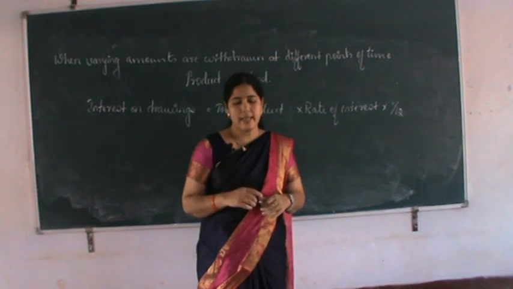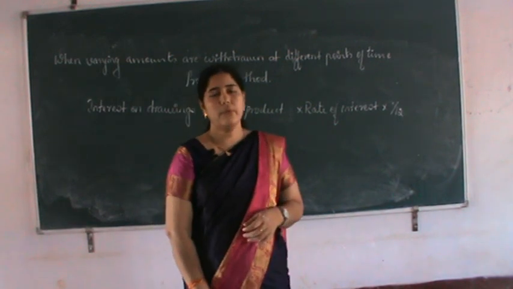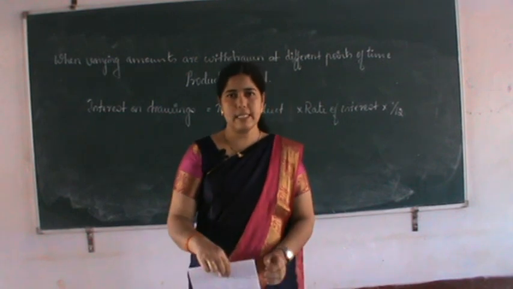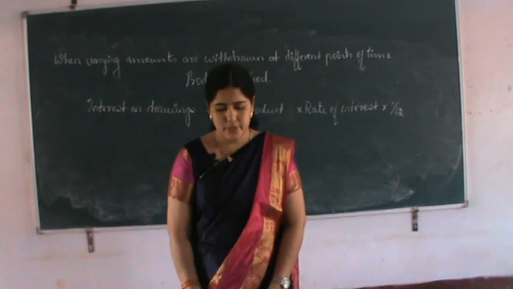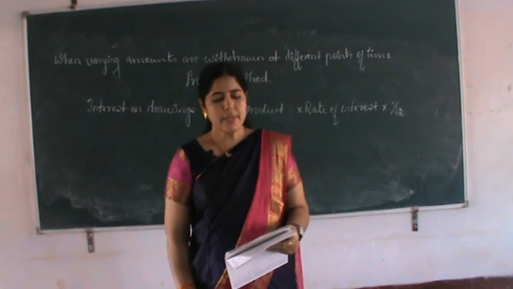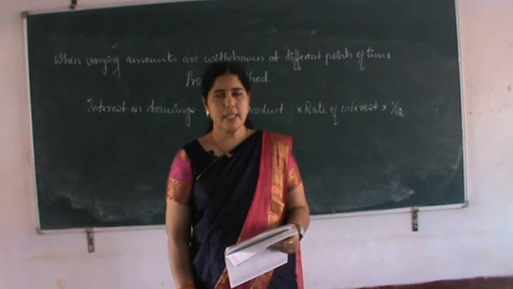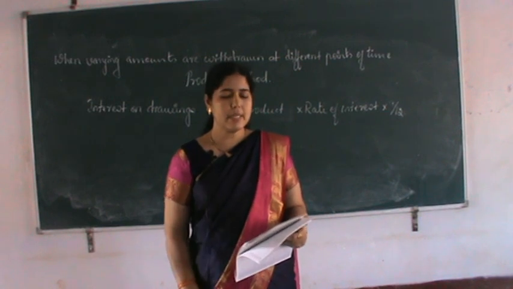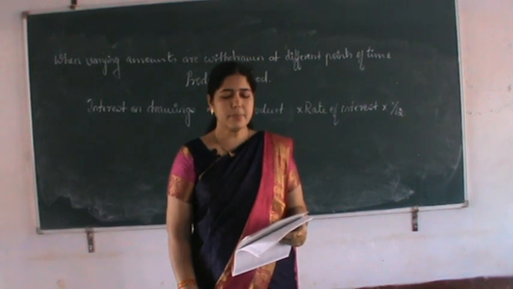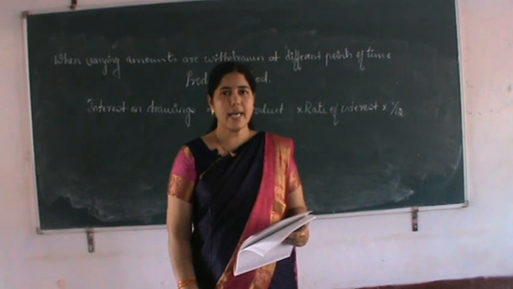Now we will take an example and learn how the calculation of interest on drawings is done under the product method. The problem is: Yashasvi and Tapasvi are partners in a firm. There are 2 partners in the partnership firm. During the year ended 31st March 2016, Yashasvi makes the drawings as under.